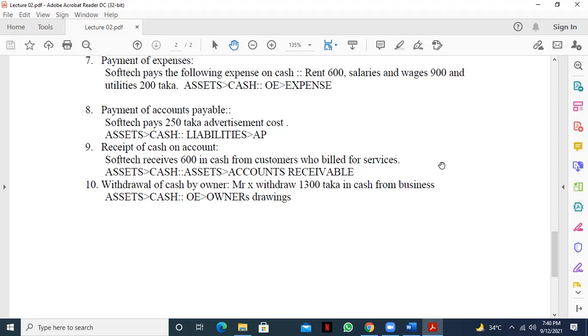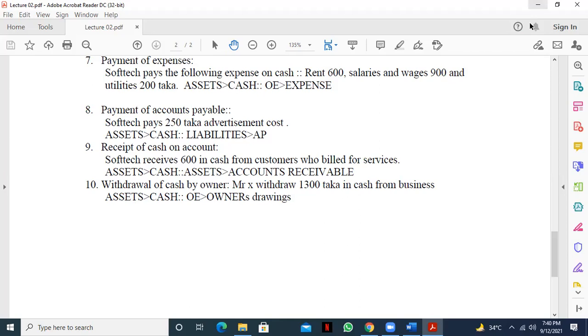We take 1300 taka from the cash box. So 1300 taka will be deducted from cash. And it is drawings, so you will write it in the drawings column, 1300 taka.